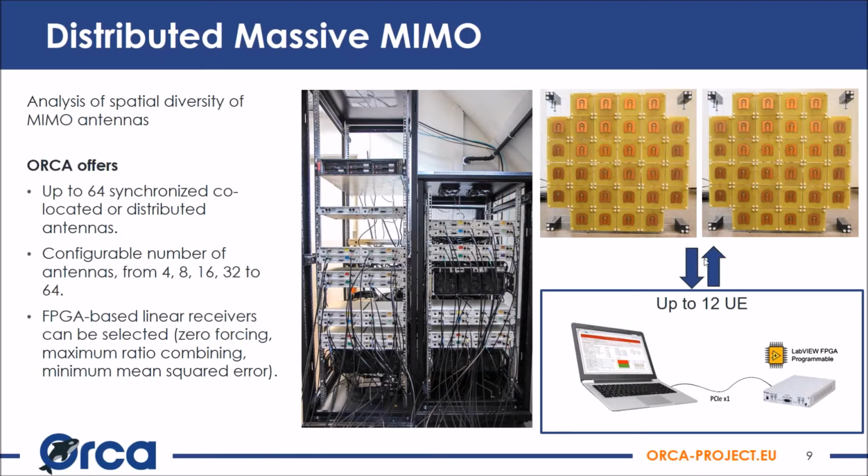For the different experiments, three types of linear receivers can be selected, being the zero forcing, the maximum ratio combining, and the minimum mean squared error. Eventually, all of these can also be configured.